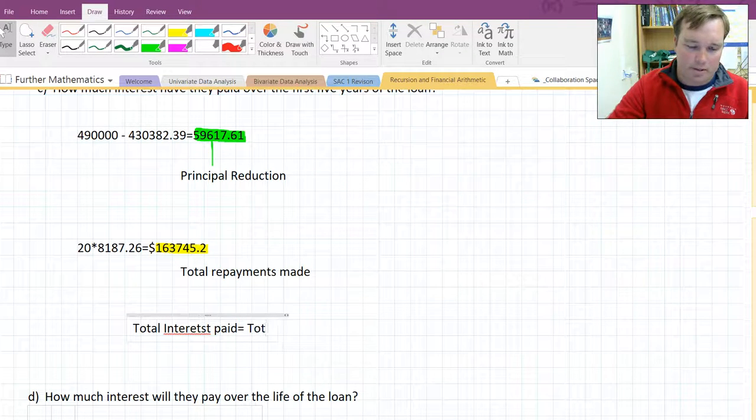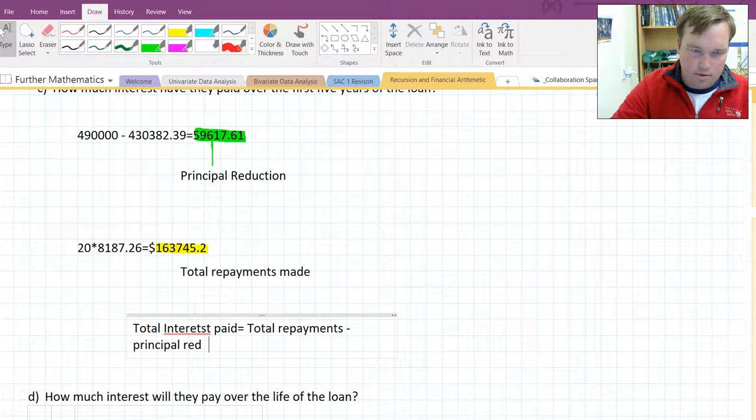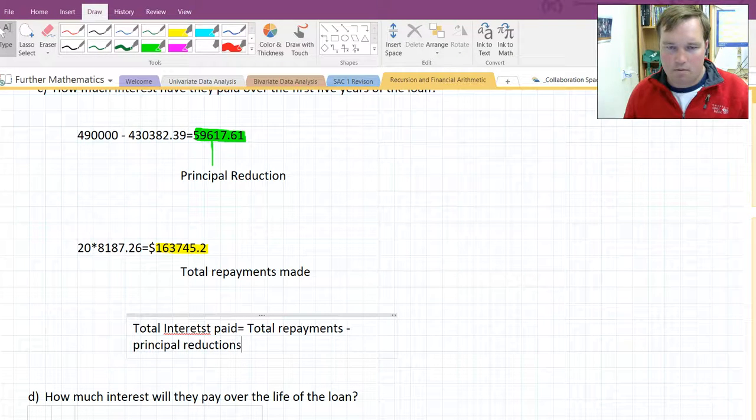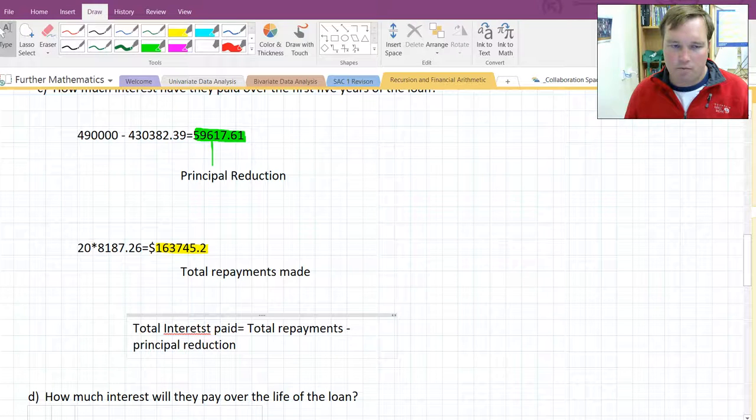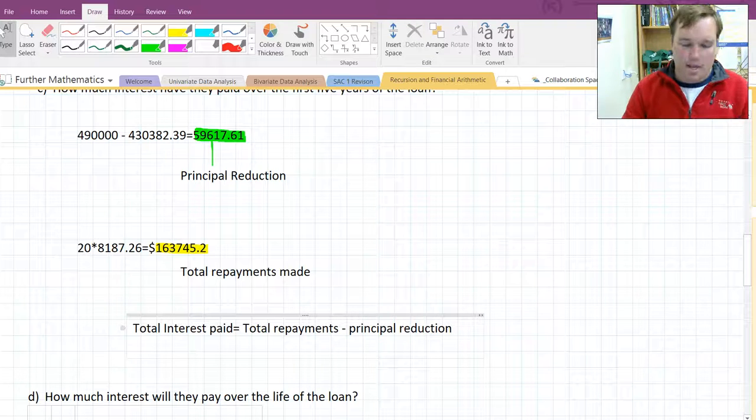So total repayments take principal reduction, which is going to be 163,745.2 take 59,617.61.